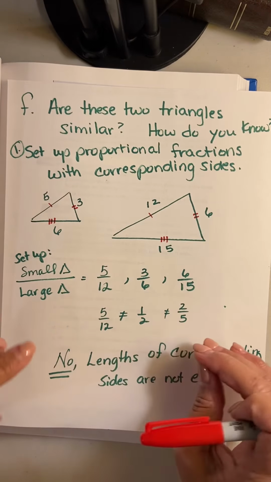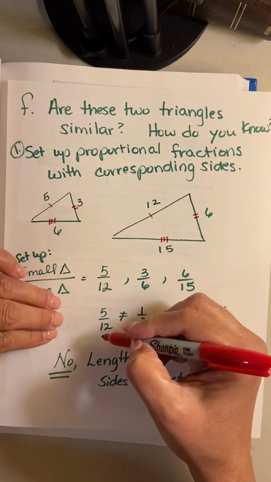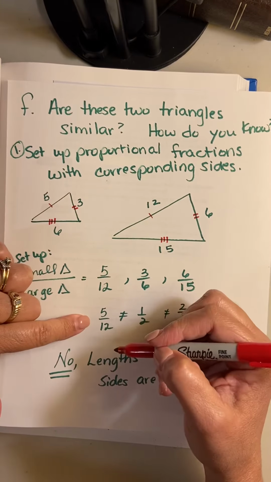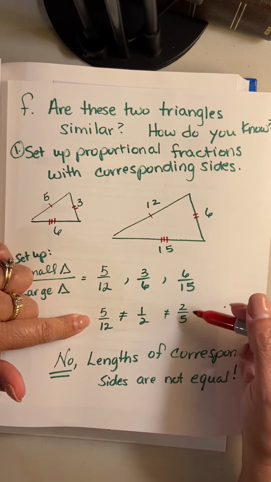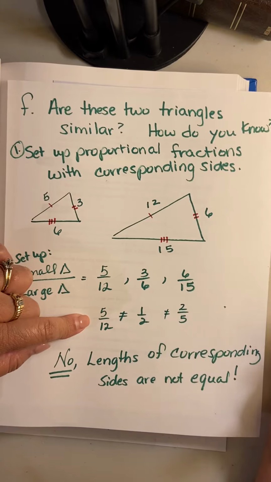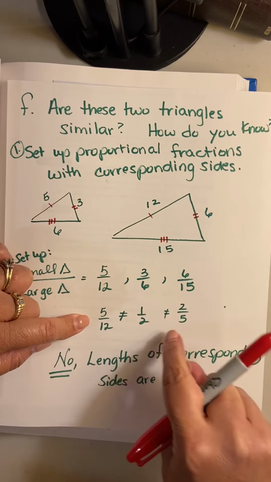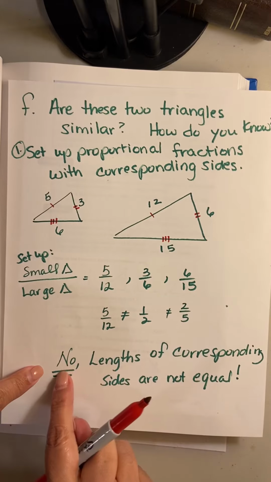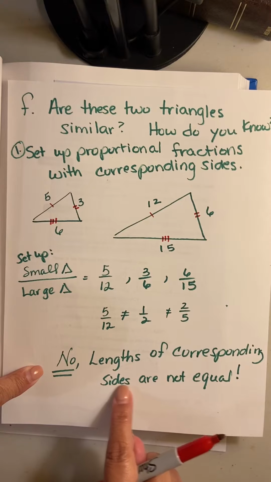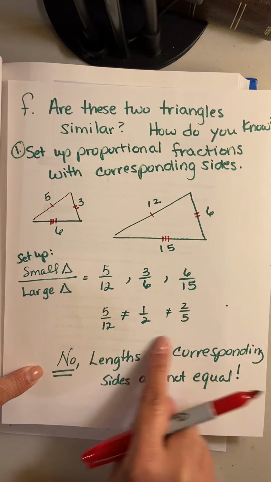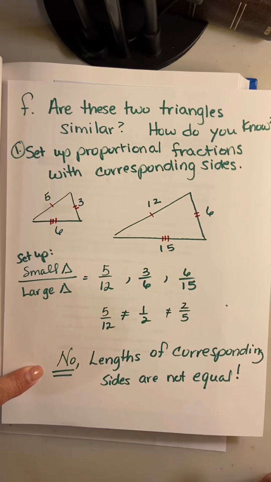One thing I can do is reduce them. 5/12 can't reduce, but 3/6 reduces to 1/2, and 6/15 reduces to 2/5. And guess what? These fractions are not equal. So the answer is no, the lengths of corresponding sides are not proportional, because my proportions are not all equal.